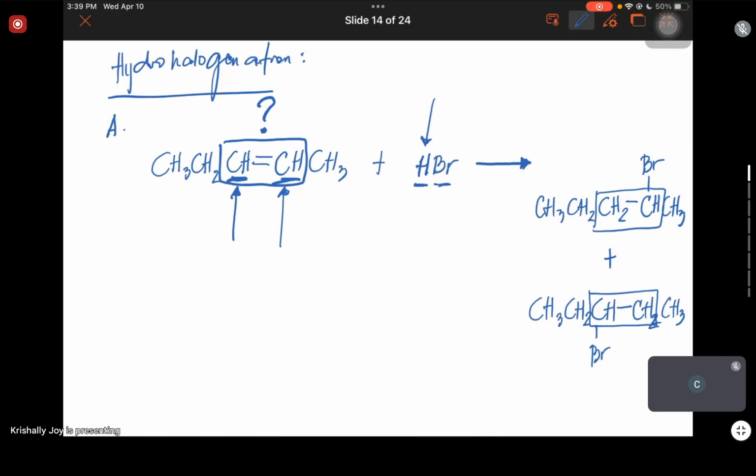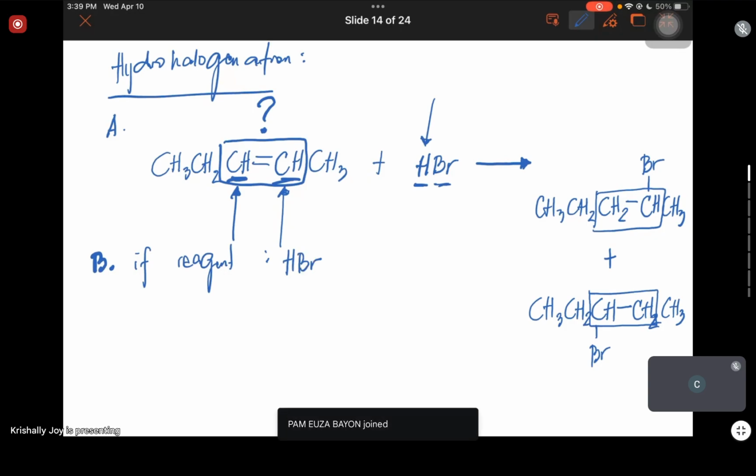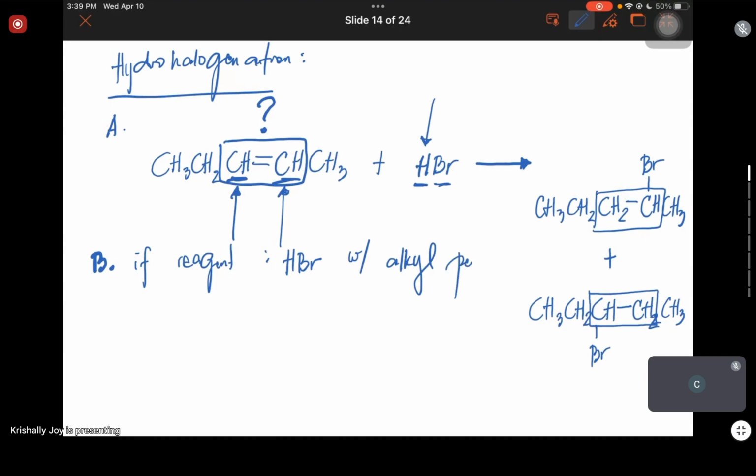The other case, letter B, is if the reagent added is a hydrobromide with an alkyl peroxide.